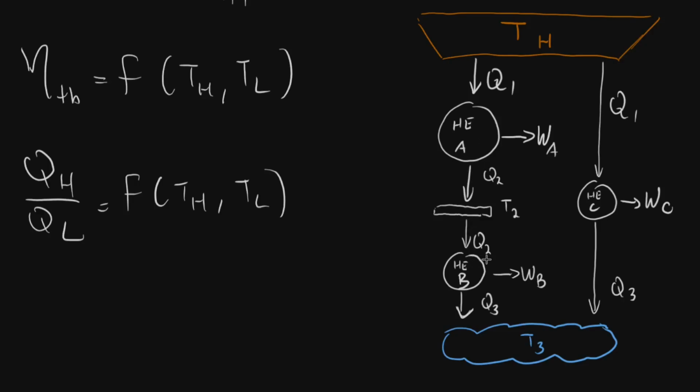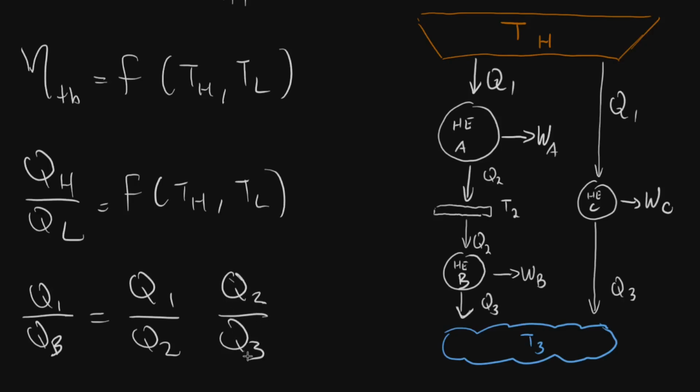And so just by the rules of division, our Q1 over Q3, which is basically our high over low for this heat engine right here, has to equal our Q1 over Q2 times our Q2 over Q3. That's just by the rules of algebra, because these cancel and we just end up with Q1 over Q3.